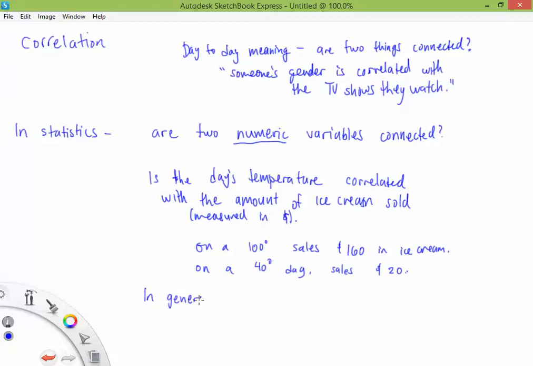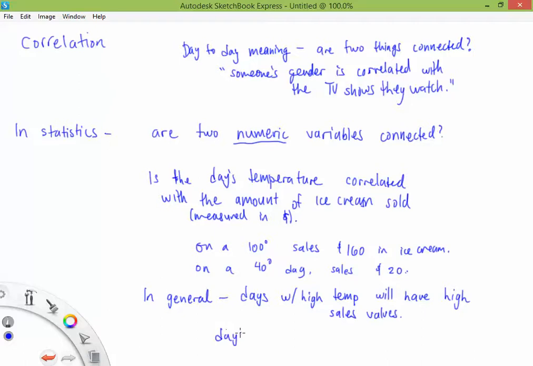So then we say, in general, days with high temperature will have high sales values.